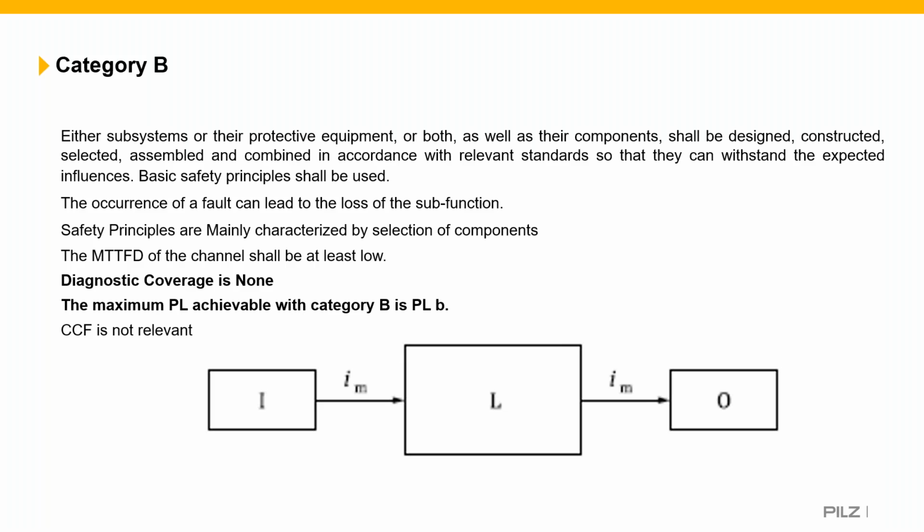Single channel, no diagnostic coverage, but the MTTFD of the components in this case are low. So they're not classed as well-tried components. The maximum performance level you can achieve with this type of architecture and these components would be performance level B.